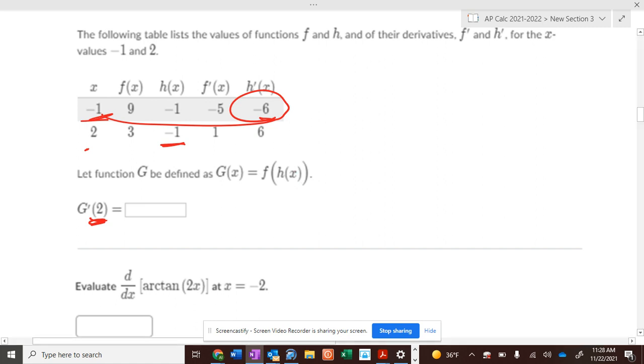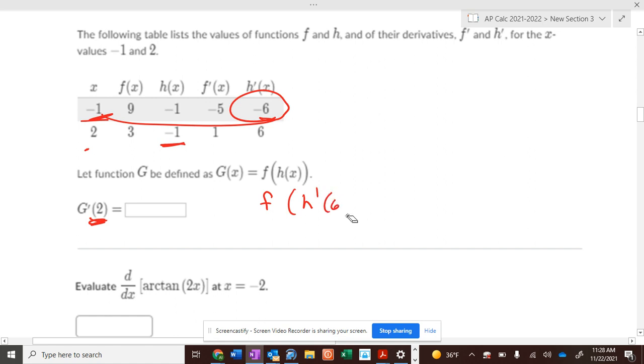All right. So g prime of 2 is, okay, let me rethink this. It's f of h prime of 6, right?